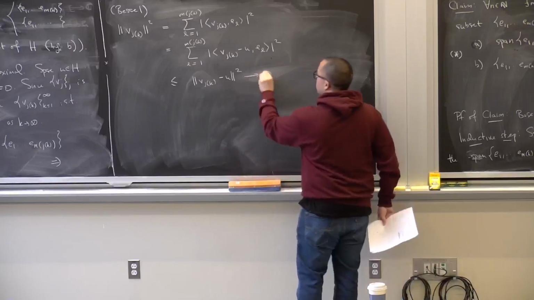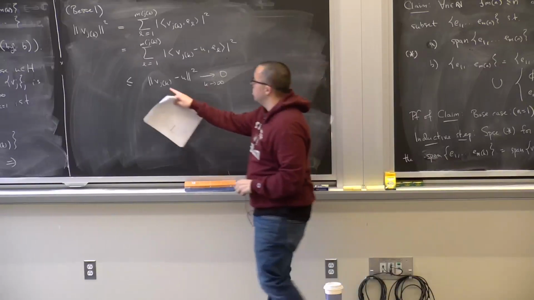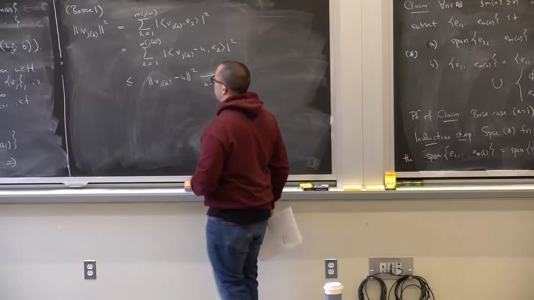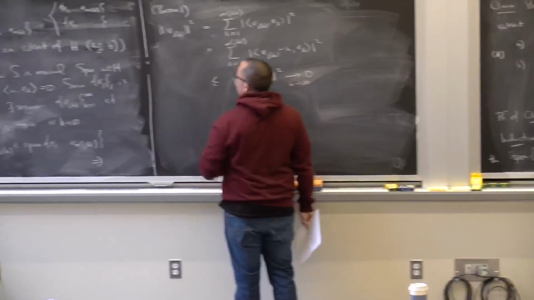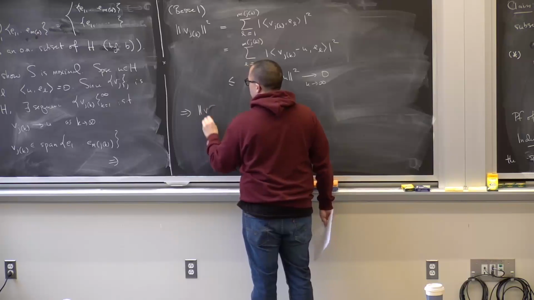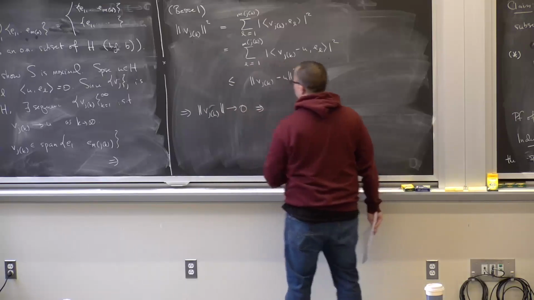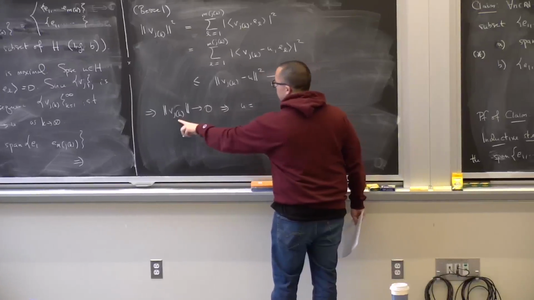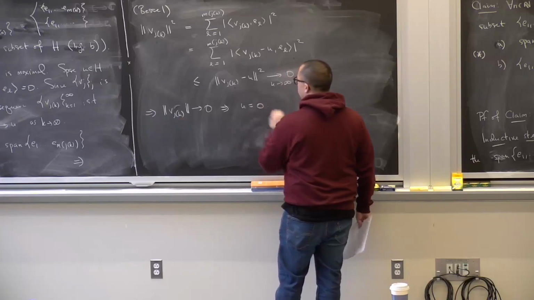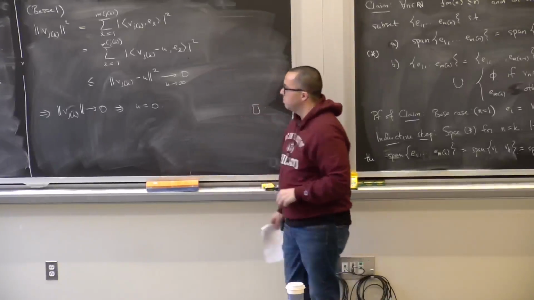And this goes to 0 as k goes to infinity, since v of j sub k converges to u. But we started off with the norm of v of j sub k, which implies this goes to zero, and therefore u, which is the limit of these, must be 0, proving that this is a maximal subset.